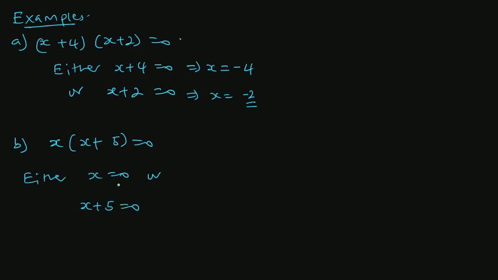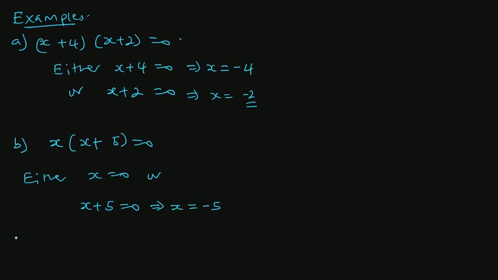This one has already given us one value of x as 0. Now this one should give us the second value of x, because remember we said quadratic equations will always have two solutions. So if x plus 5 is 0, then our x is equal to negative 5, when we take 5 to the right hand side.